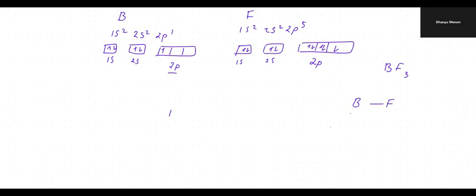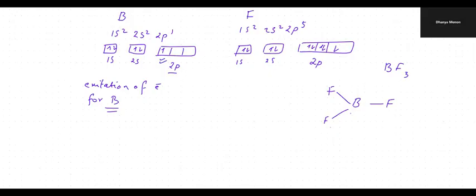But boron has only one unpaired electron over here in 2p, so we can form only one bond.